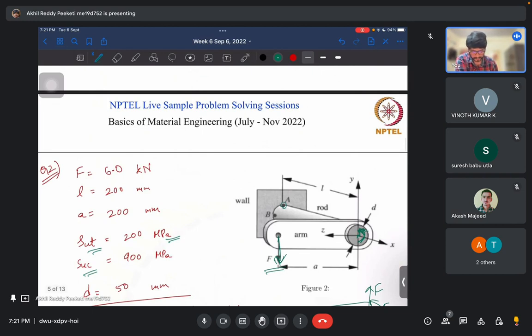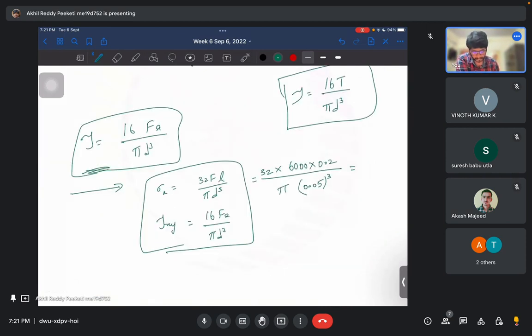So let's plug in these numbers. 32 into 6 kilonewtons, L is 200 mm, so 0.2, by pi into d cube, d is 50 mm, so 0.05 whole cube. Now for the shear stress, this would be 16 into F, which is 6000 newtons, into A is again 0.2, by pi into d cube, so 0.05 whole cube.